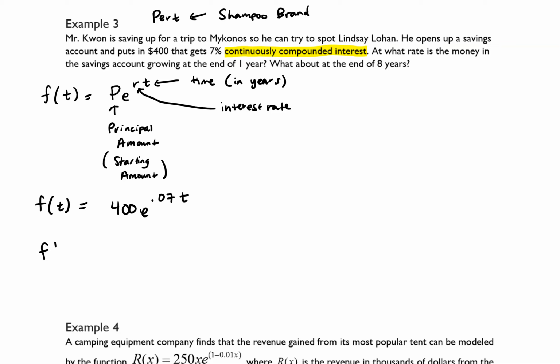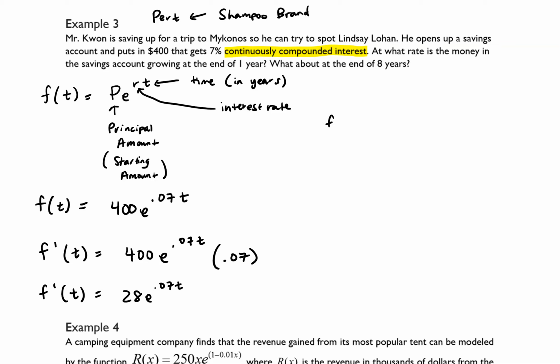Now we can take the derivative, so we have f prime of t is equal to 400e to the 0.07t, and then we would need to multiply it by the derivative of the exponent, which is going to be 0.07. So f prime of t is equal to 28e to the 0.07t power. Now, it wants us to figure out what the rate is at the end of 1 year versus at the end of 8 years.